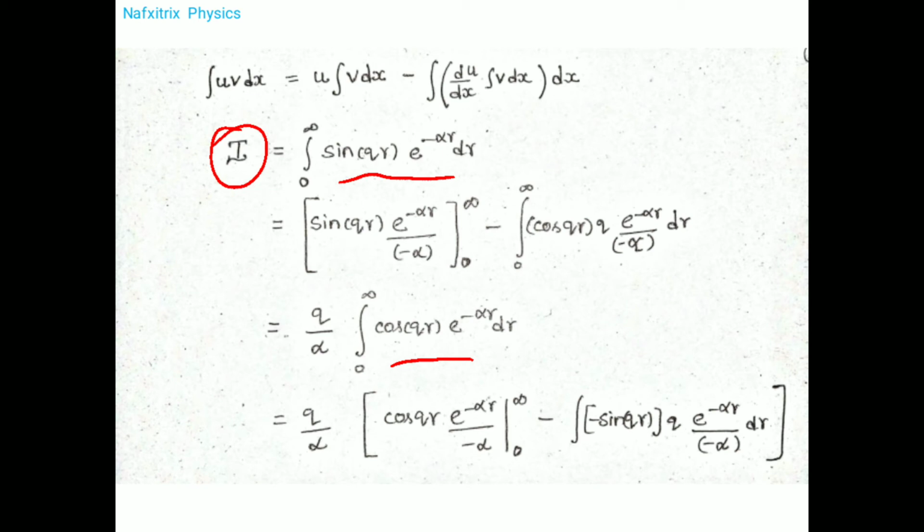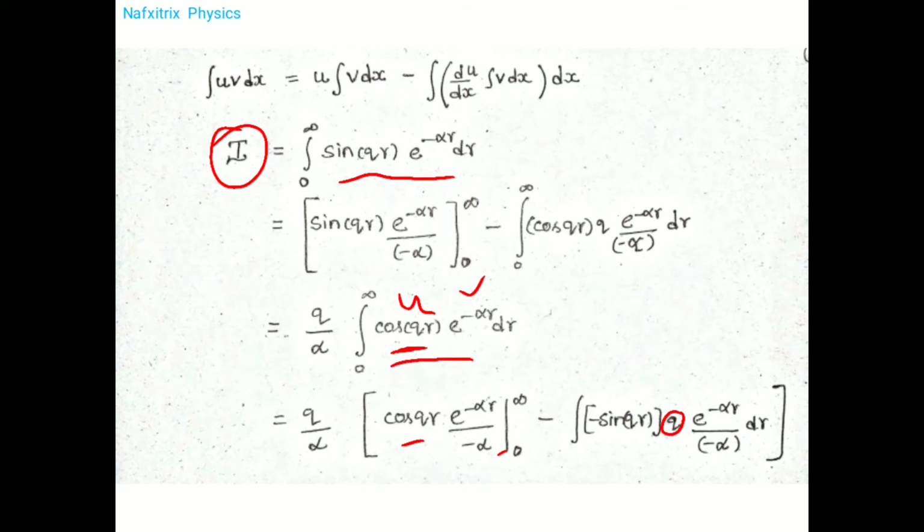So here u is this and v is this. So u into integration of v dx, that is nothing but e power minus alpha r by minus alpha, taking limits from 0 to infinity. And next, minus integration of d by dx of u. The d by dx of cos qr is nothing but minus sin qr into q.